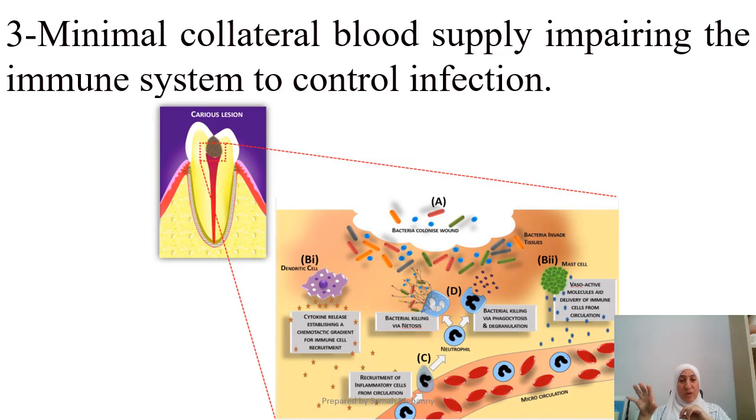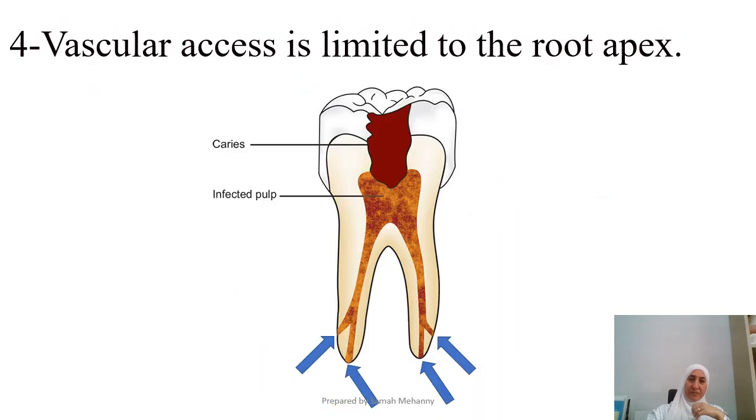Thus, minimal collateral blood supply impairs the immune system's ability to control infection. As we mentioned, the access of blood vessels back and forth to the pulp tissue is limited by these narrow apical foramina. Thus, the pulp couldn't easily regenerate.